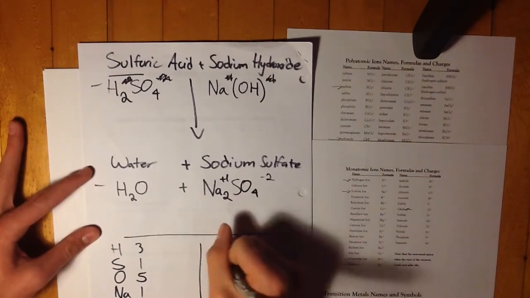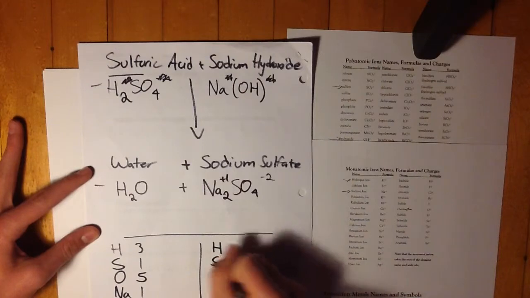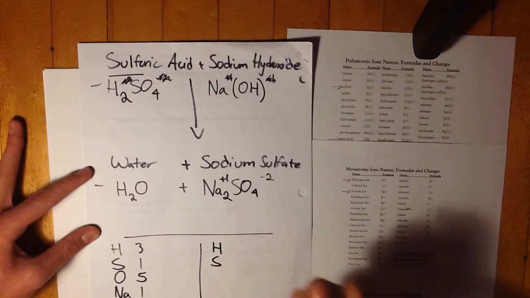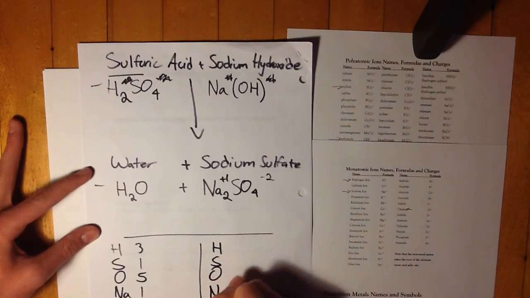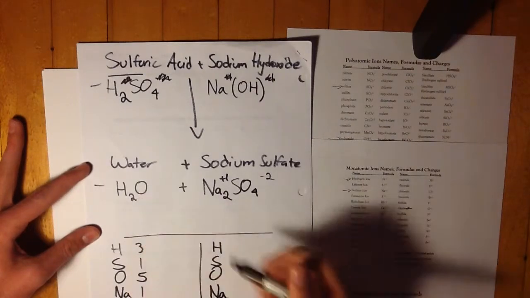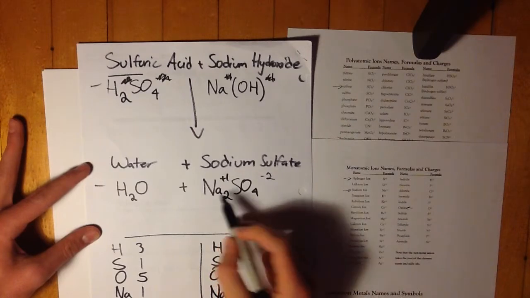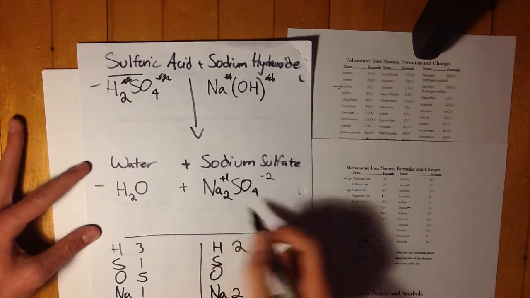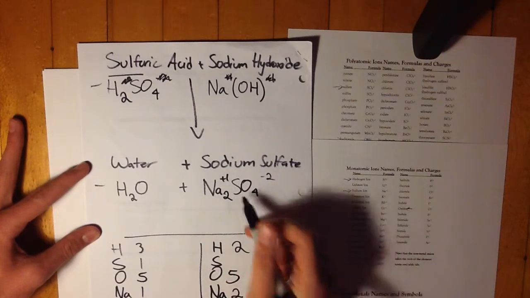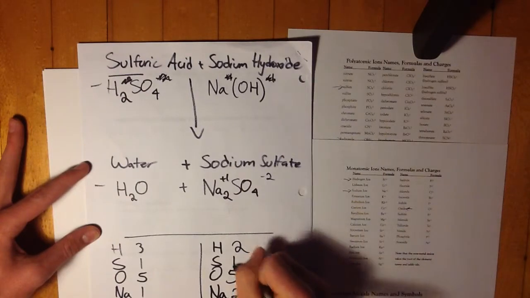And then on this side, again, write down the same atoms: hydrogen, sulfur, oxygen, and sodium. So we have 1, 2 hydrogens, 2 sodiums, 1, 2, 3, 4, 5 oxygens, and then 1 sulfur.